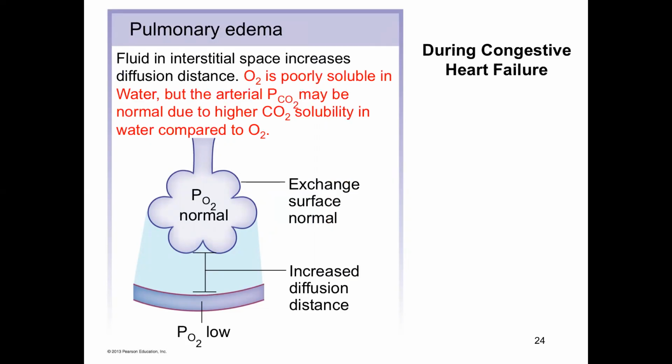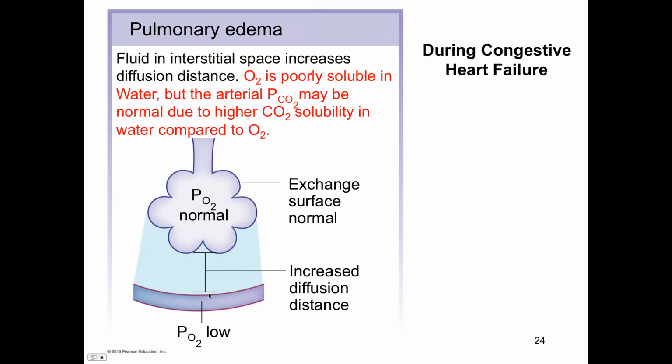First of all, we have an increased distance between the blood and the alveoli because we've got this barrier of fluid. And remember what I said, oxygen is poorly soluble in water. So this makes it even harder for that oxygen to traverse this distance.